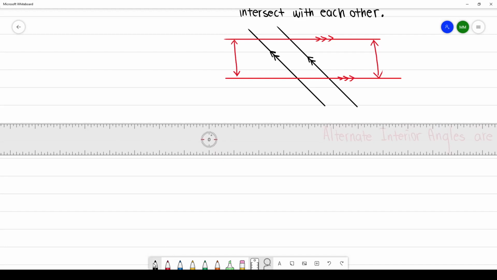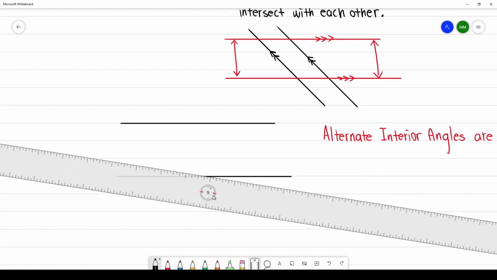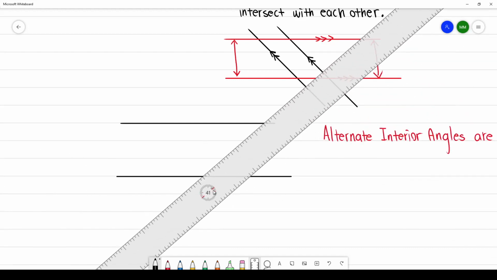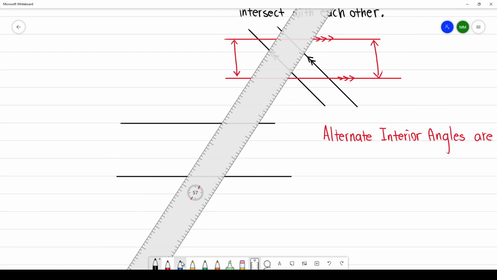So if you like the visual stuff, then I think you're going to like this more than the proportions. A lot of drawing, some algebra, but yeah, this here is a transversal.